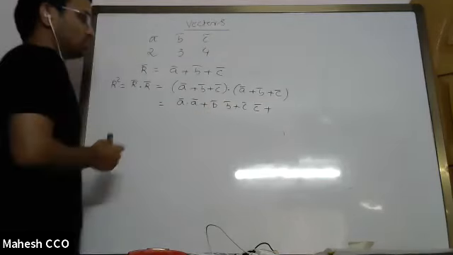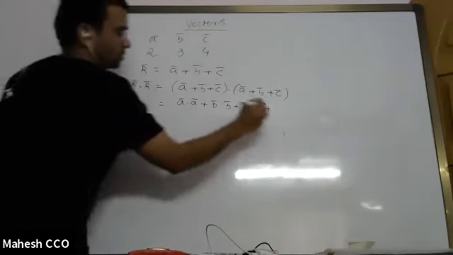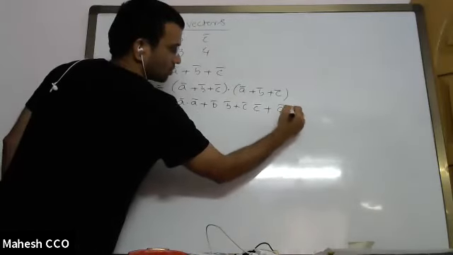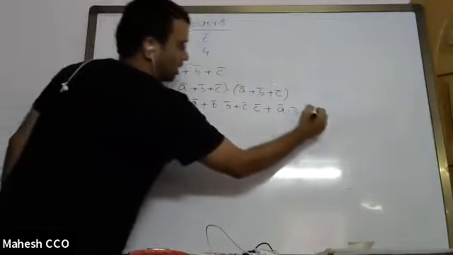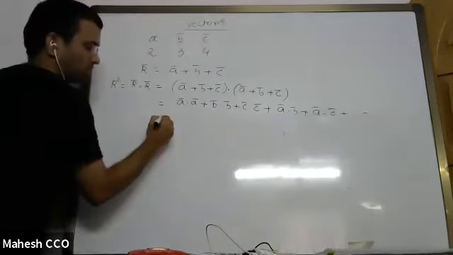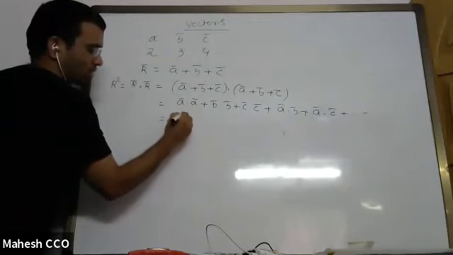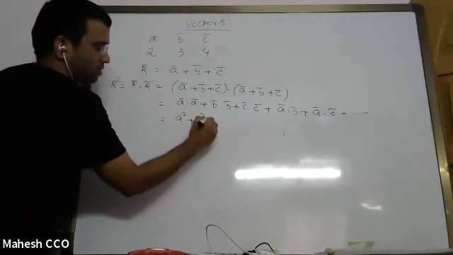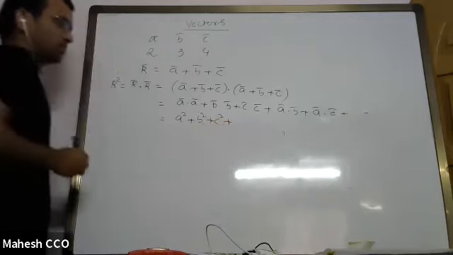Thereafter we have A bar dot B bar plus A bar dot C bar, and so on. That can be further written as A bar dot A bar is A square, B bar dot B bar is B square, C bar dot C bar is C square.